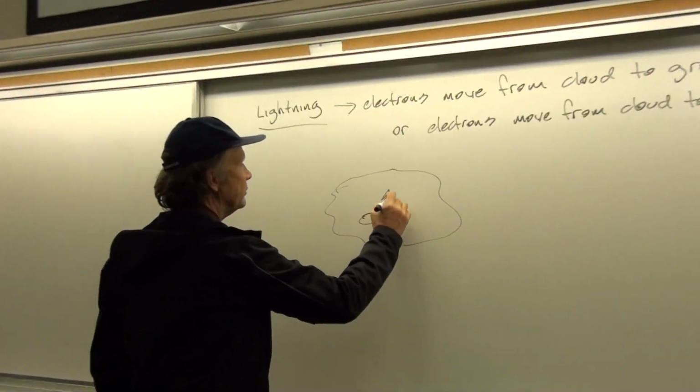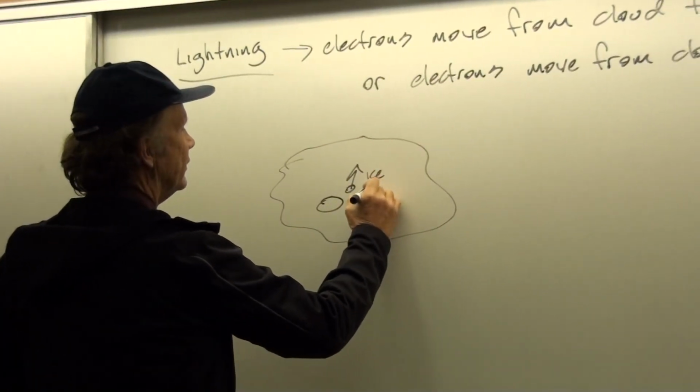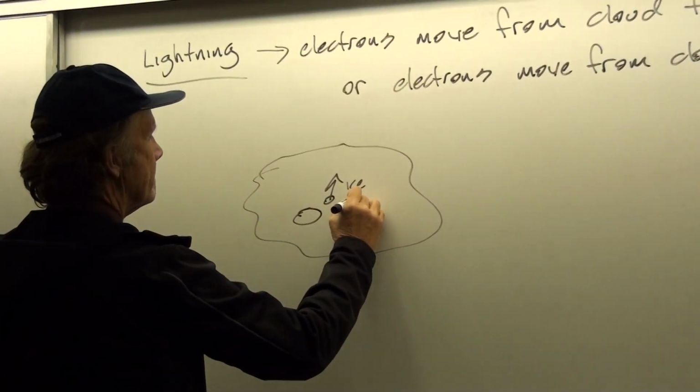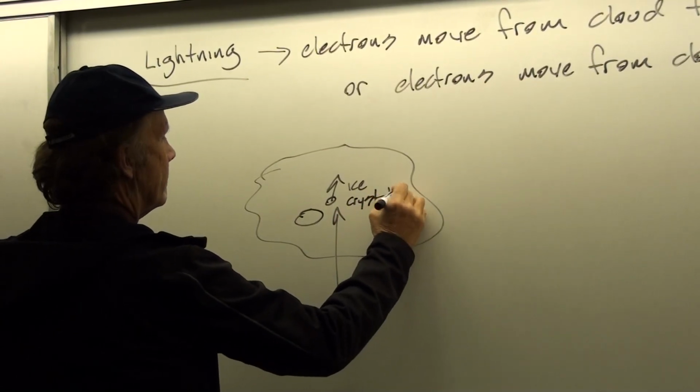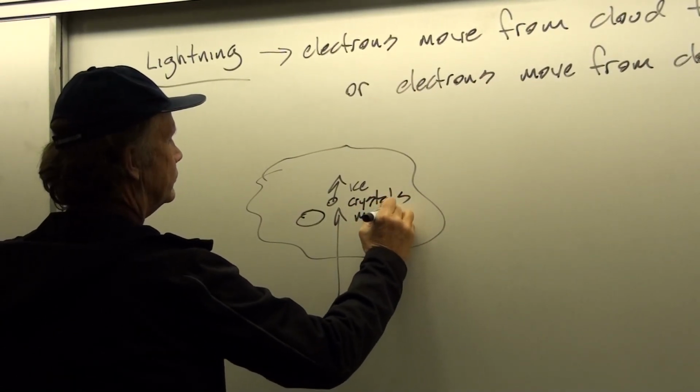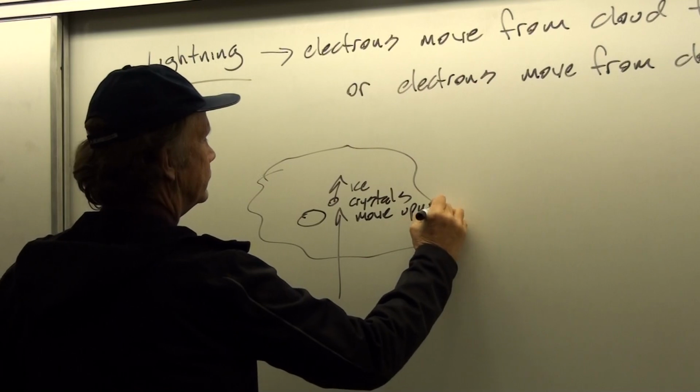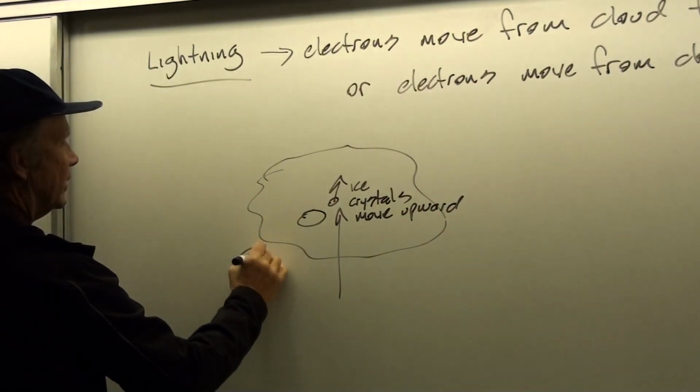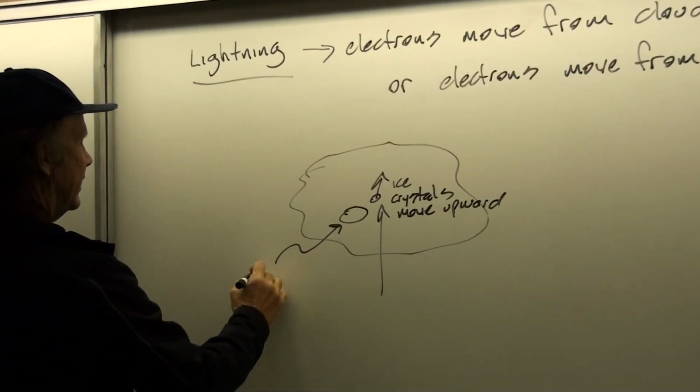So here in this model, the ice crystals are moving upward, while the hailstones are moving downward.